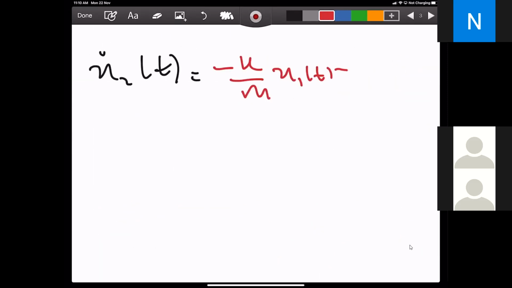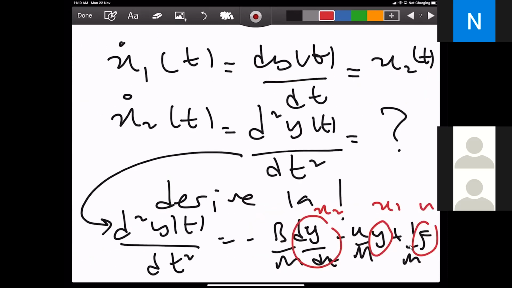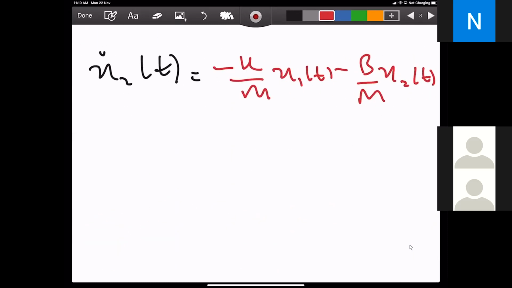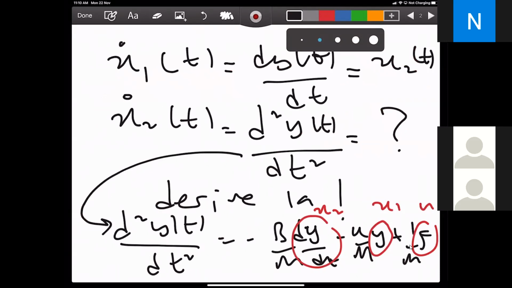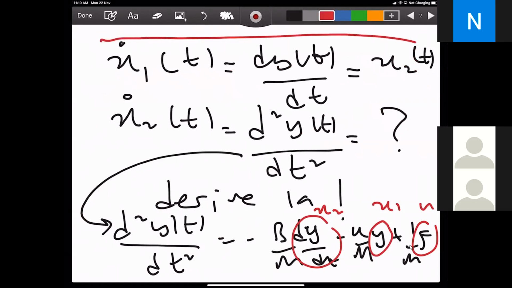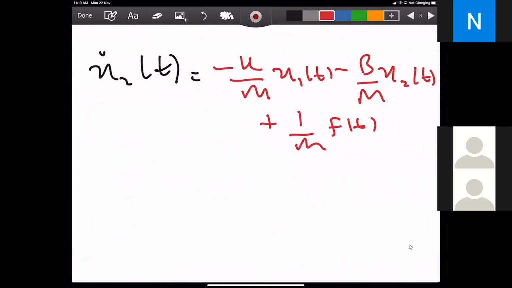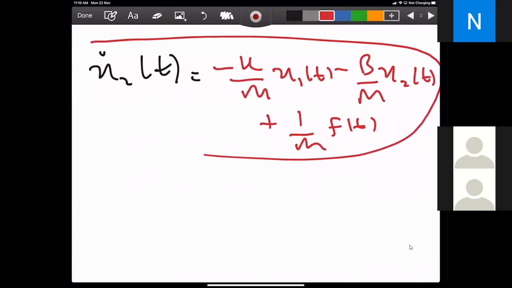Minus b over m x2 plus 1 over m f. So we have state equation number 1, which is this one, and state equation number 2, which is this one.